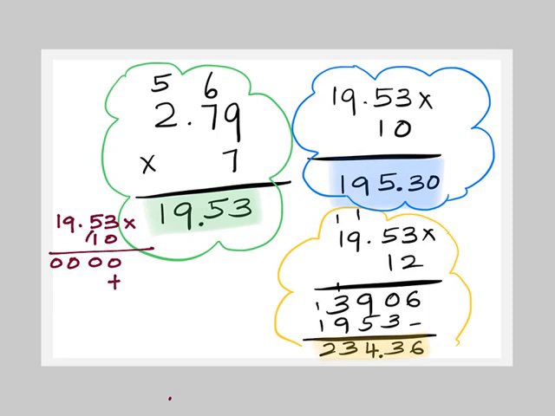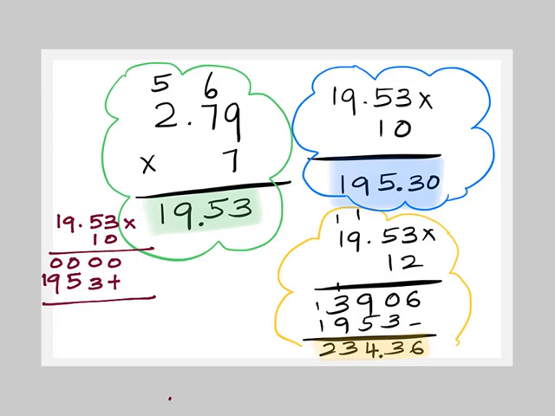Now let's do with the other number. Make a plus sign. 1 times 3 is 3. 1 times 5 is 5. 1 times 9 is 9. And then 1 times 1 is 1. Let's add everything.